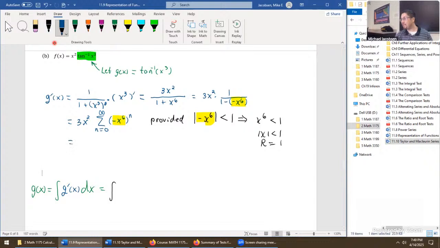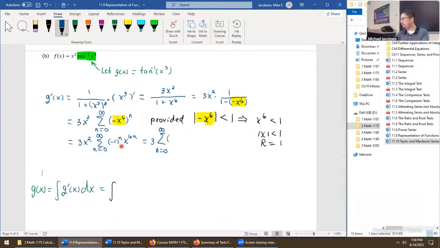Let's just rewrite this as 3x squared, sum from 0 to infinity, negative 1 power of n, x power 6n. All I did here is distribute the n to the negative 1 that's multiplying and the 6 to x to the power 6. Then we can leave 3 on the outside, but x squared can now distribute inside, and it goes from 0 to infinity.